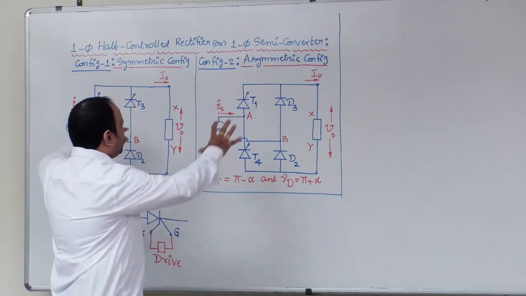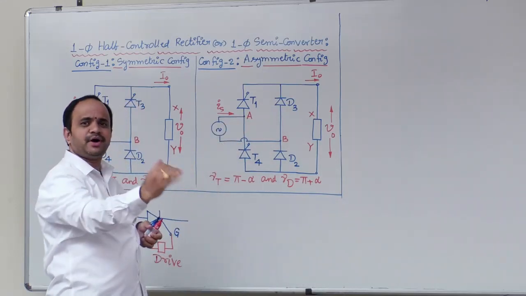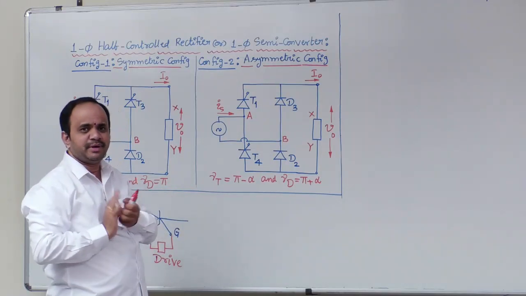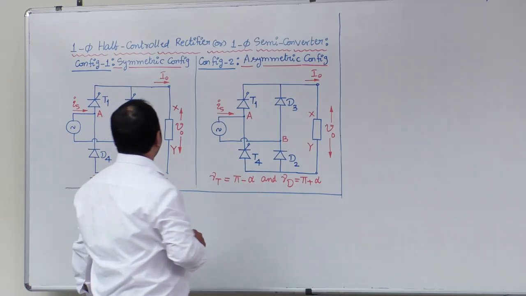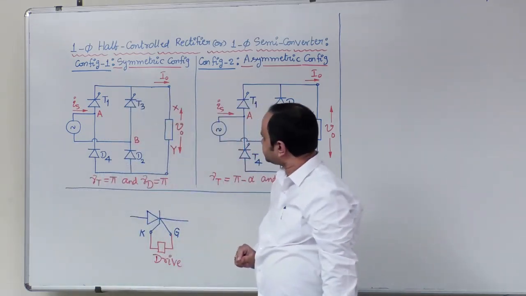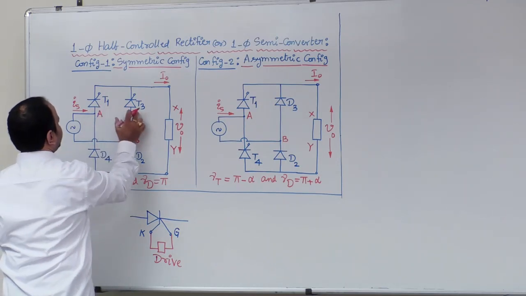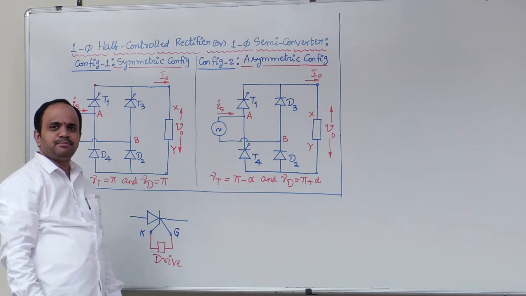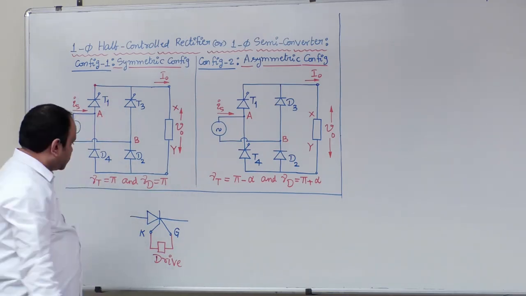That means both the circuits give exactly the same performance on the output as well as the source side measures, right? But there is one small observation if you look very carefully here. For these two thyristors, T1 and T3, the cathode is common. One very important point, the cathode is common here, right?